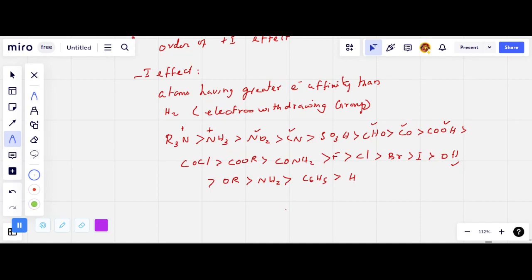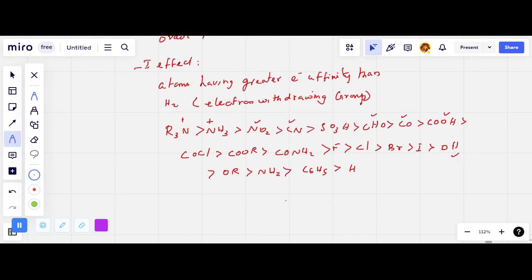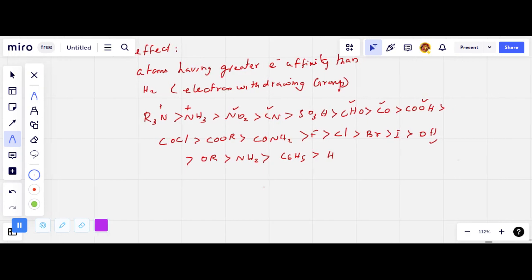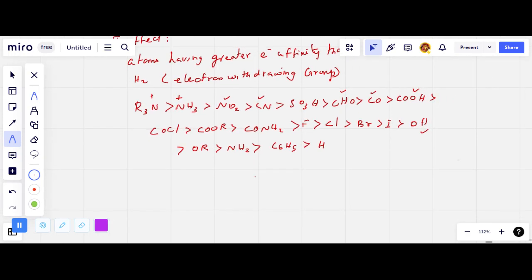So this is inductive effect. But what is the use and what is the application of this inductive effect? It helps in determining the stability of free radicals. Okay, so what are the applications?